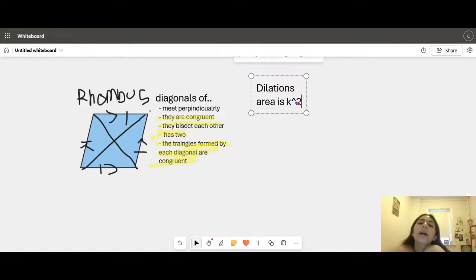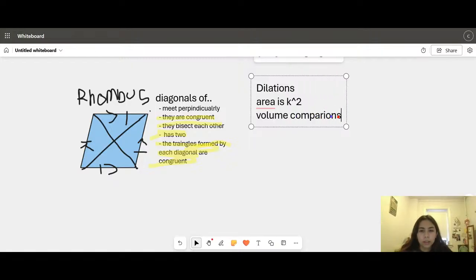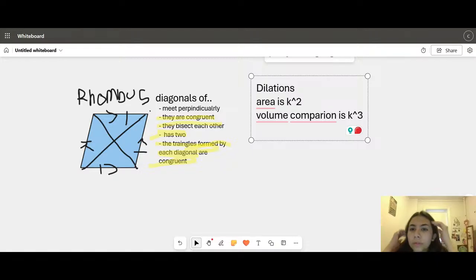Now let's think about why. Well, yeah, I got nothing. It's always to the power of 2 is basically my response. Area is to the power of 2, volume is to the power of 3. So volume comparison is K to the power of 3. And it has to be.